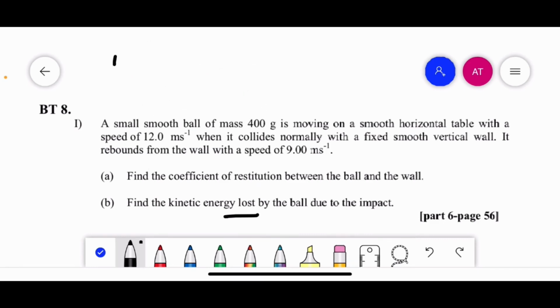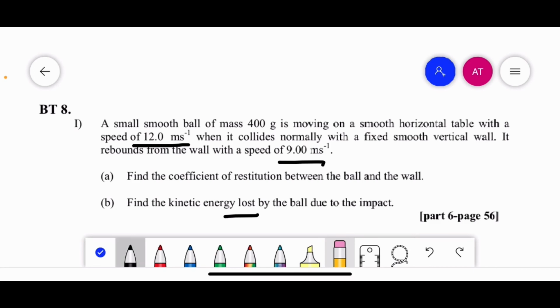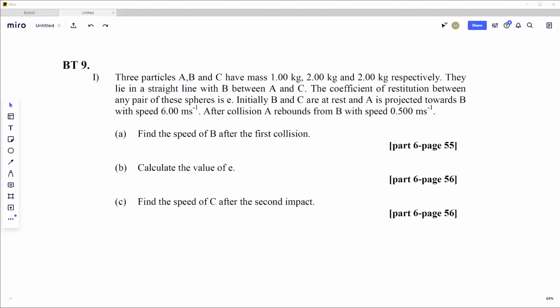So we get half mu squared minus half mv squared. This is v and this is u. So we just substitute and we get 12.6, and the unit is joule.